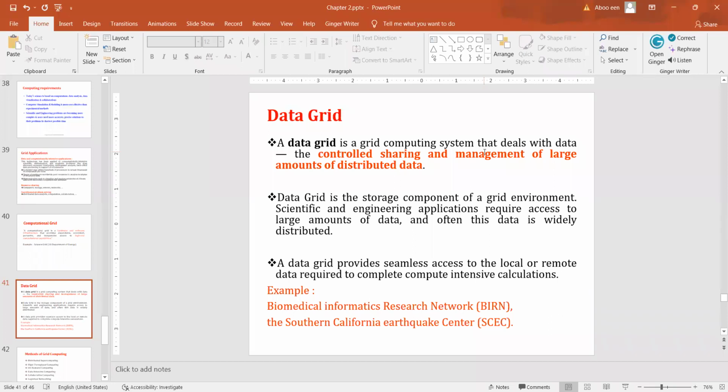Data grids provide seamless access to the local and remote data required to complete compute intensive calculations. For example, the Biomedical Informatics Research Network and the Southern California Earthquake Center are research institutions dealing with data grids.